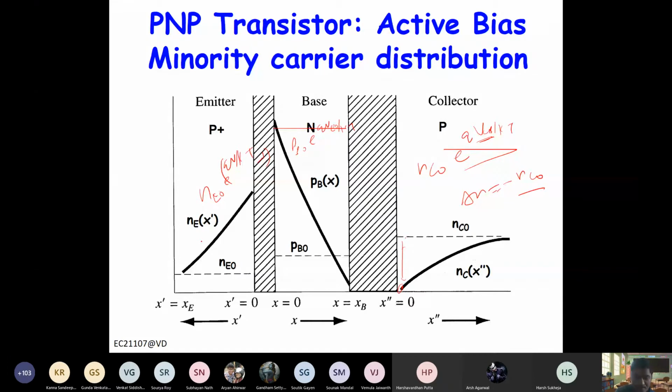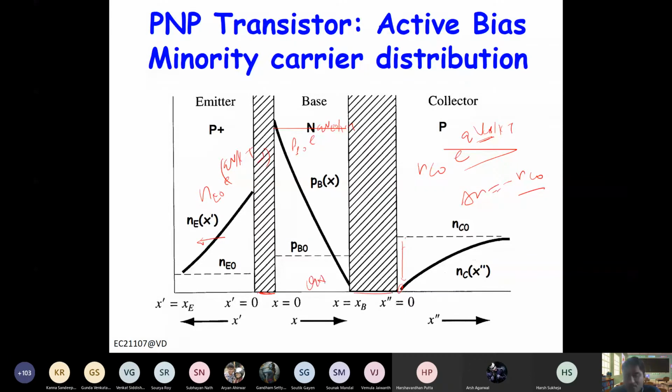So in the emitter, now take a minute or two and write the equation of current. Can you recall what is the minority carrier diffusion equation? Now let us assume all the voltage drop occurs across the depletion region only, like we assumed for the PN junction, there is no drop in the neutral region or quasi neutral region.